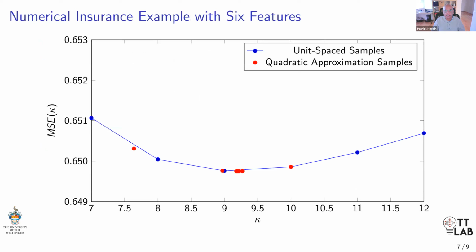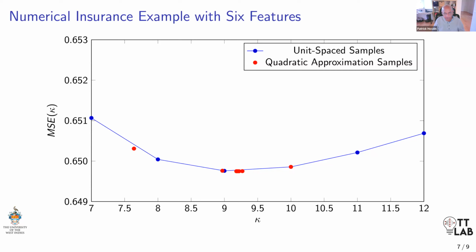So here is an example of this quadratic approximation with 6 features. It's an insurance example where the tag value is the average claim rate per year. And the red dots here correspond to what I just mentioned.